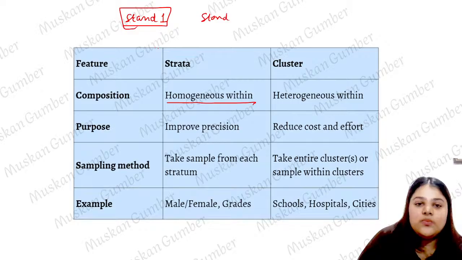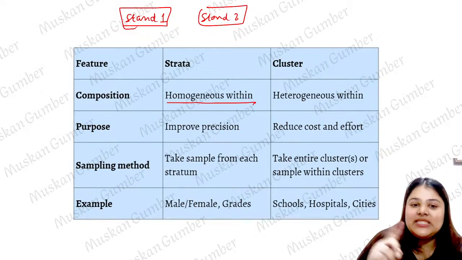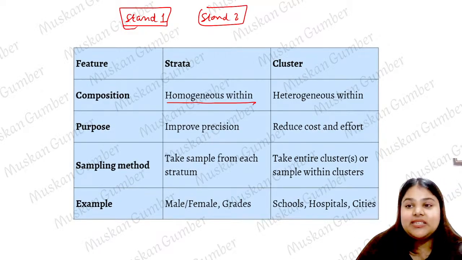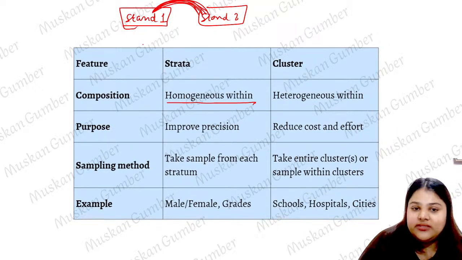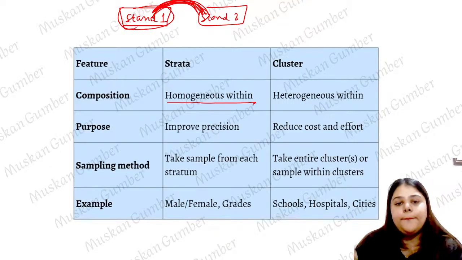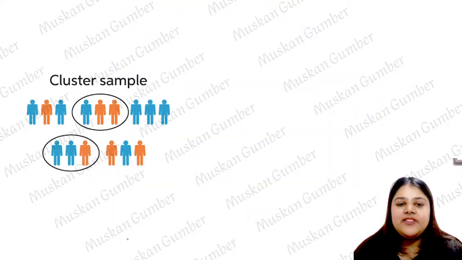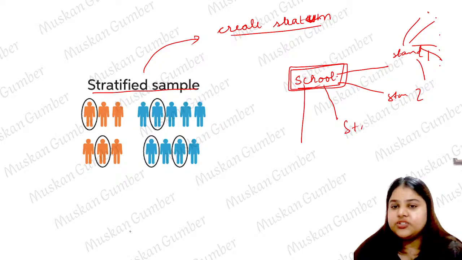Standard 2 will be similar in nature within itself. But these two standards are different from each other. So they are homogeneous within, but if we compare one stratum with another stratum, then obviously they will be heterogeneous in nature.